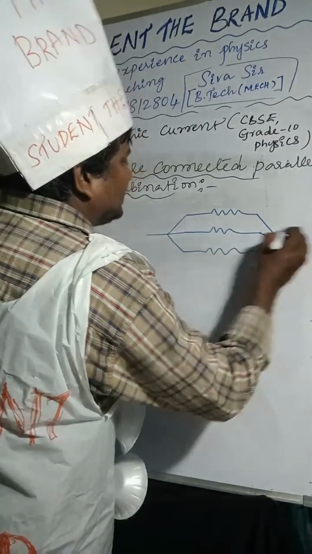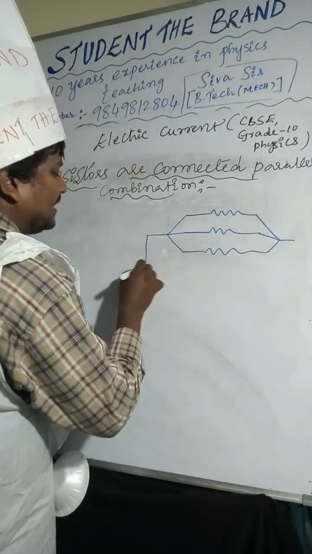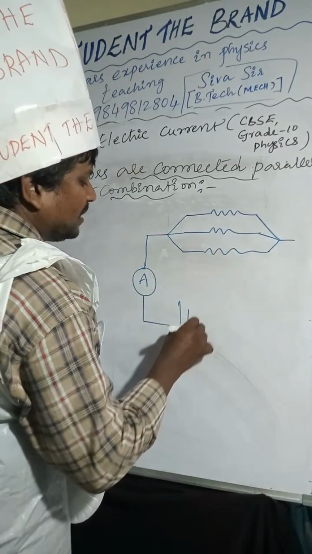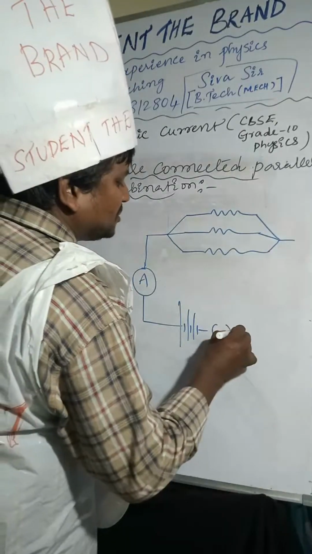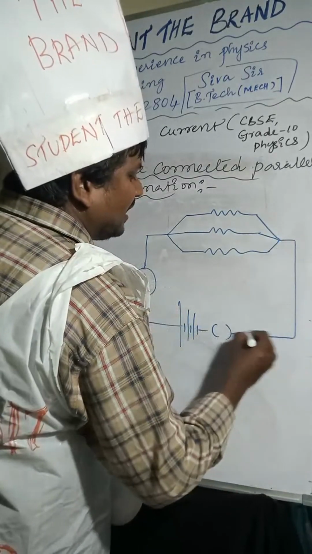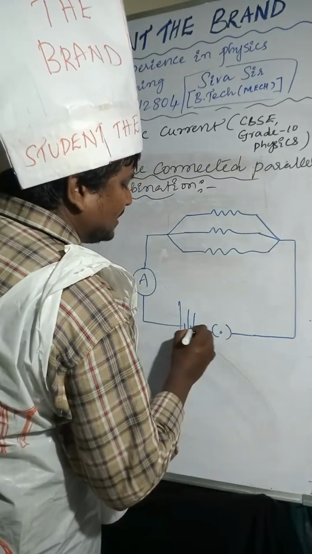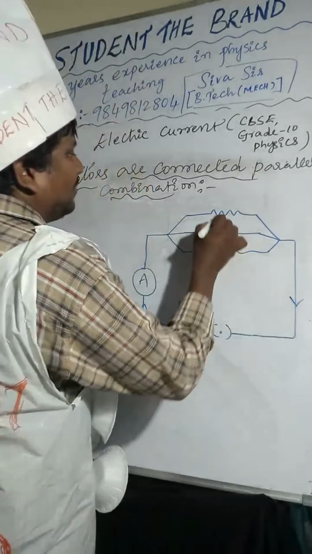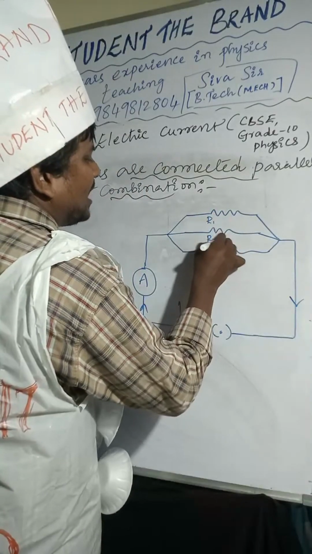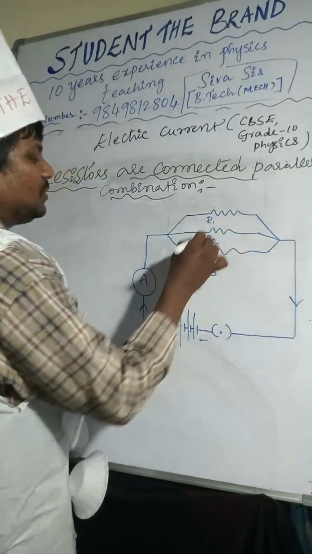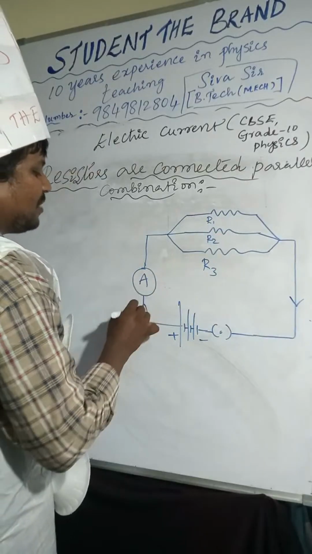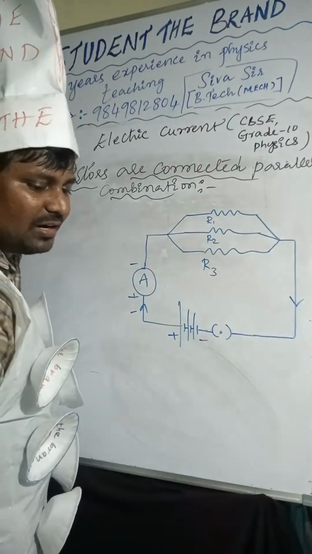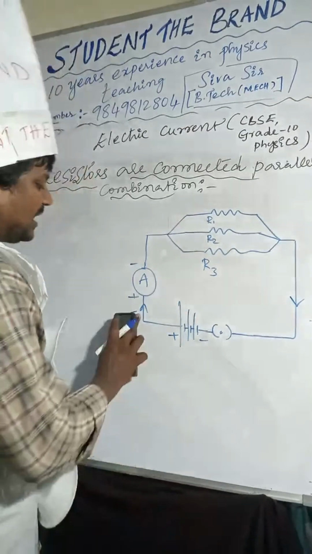Then connect to the battery and switch. Now consider current passing. This is R1, R2 and R3. Current passes from the positive terminal to the negative terminal. That is the reason it is called conventional current.